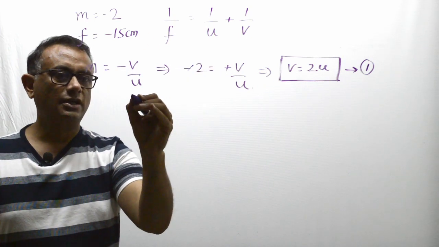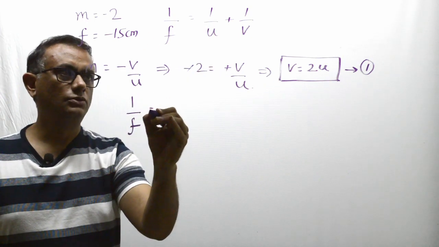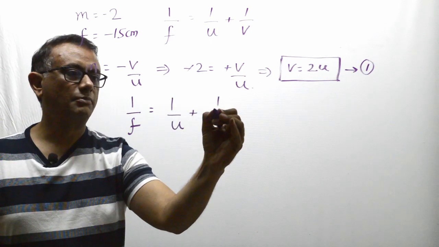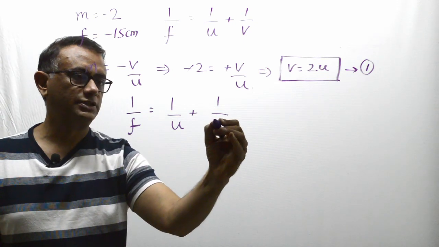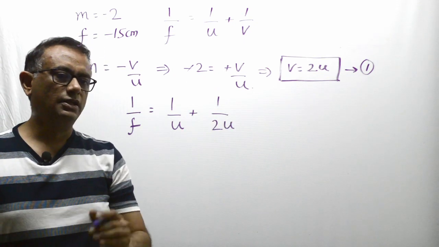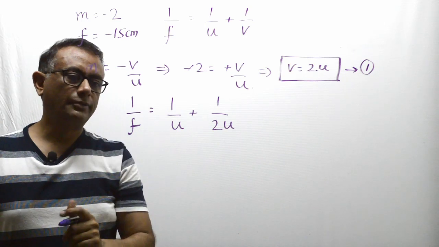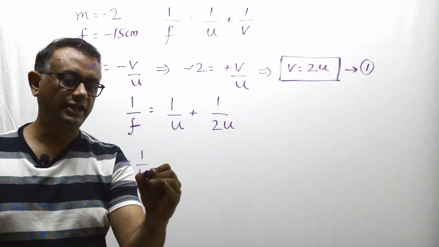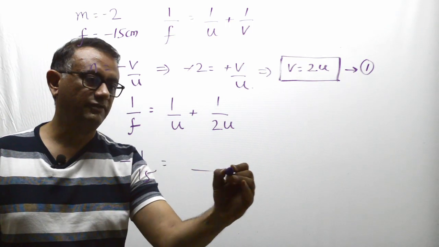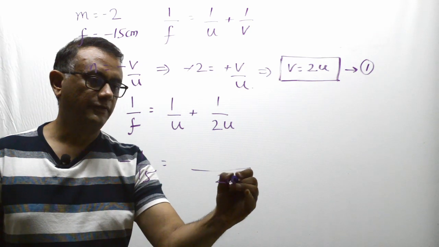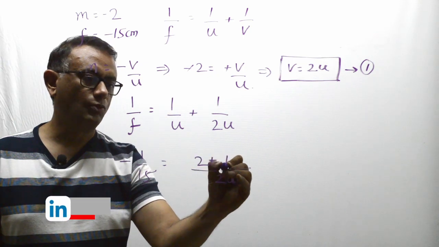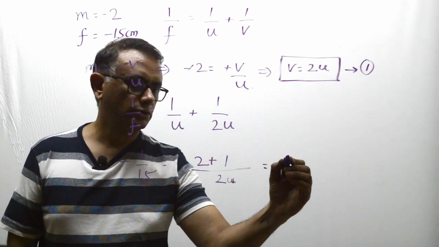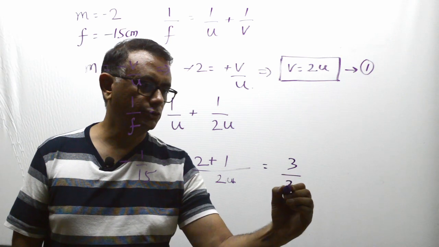Okay, so we say 1 by F is equal to 1 by U plus 1 by V. V is nothing but 2U for us. Okay, and then we can put the value of F as minus 15. Therefore minus 1 by 15 is equal to, if we simplify this, we get this as 2 plus 1 by 2U, or equal to 3 by 2U.